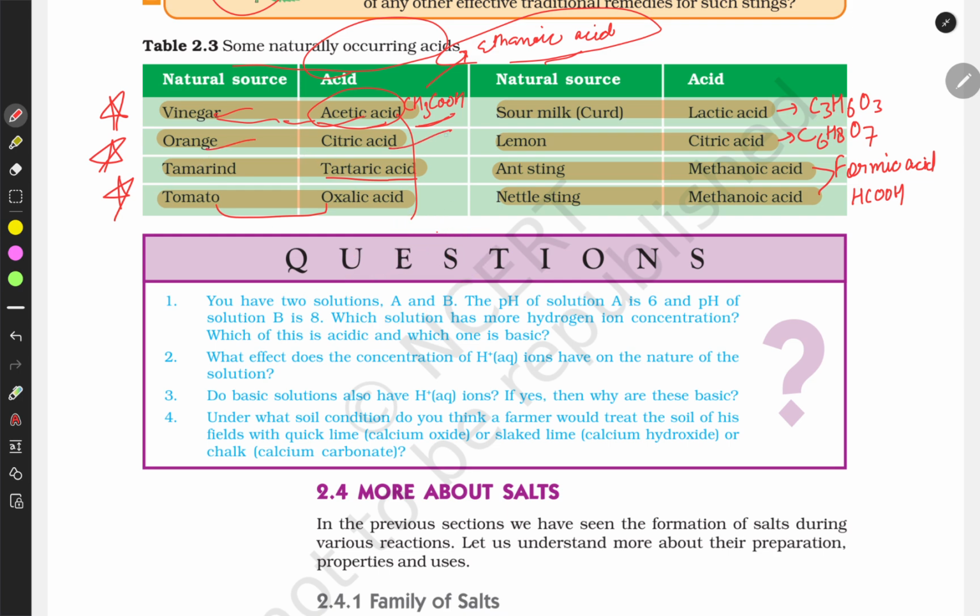Orange has citric acid, turmeric has tartaric acid, and tomato has oxalic acid. Sour curd or sour milk has lactic acid, and lemon has citric acid. Ant sting has methanoic acid, and both ant sting, bee sting and nettle sting have methanoic acid, formic acid.